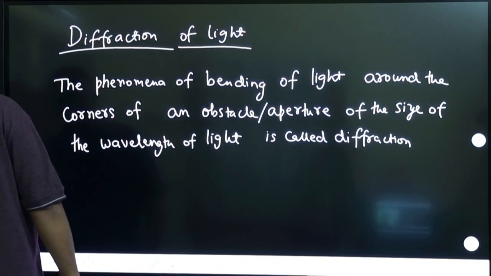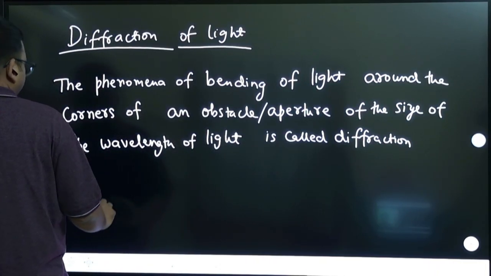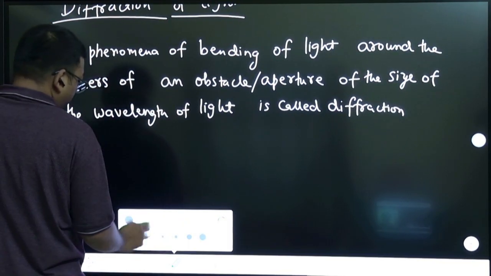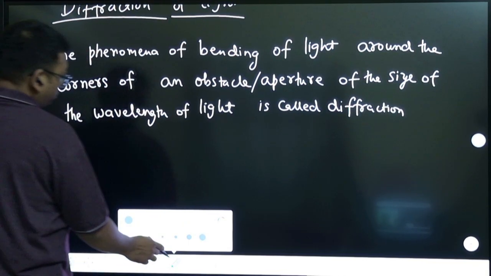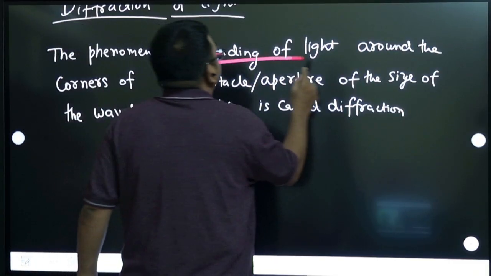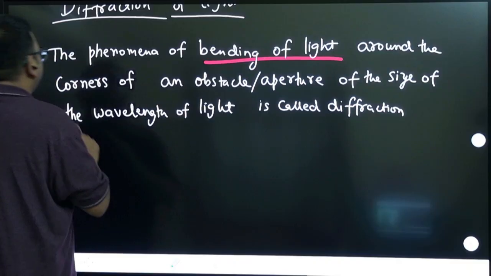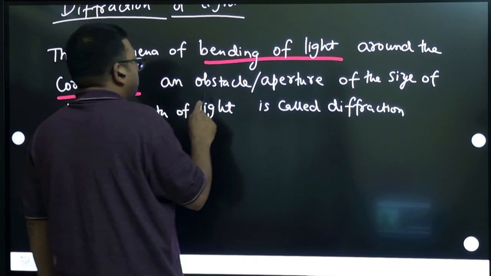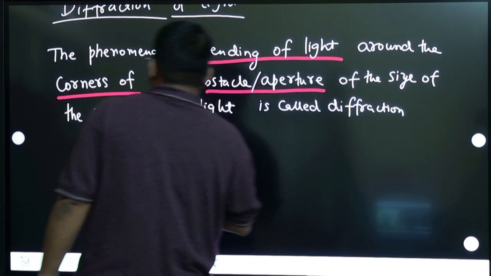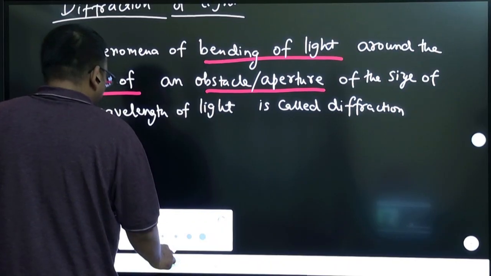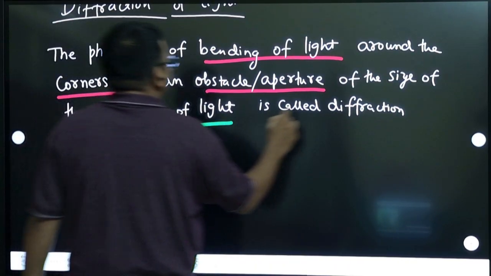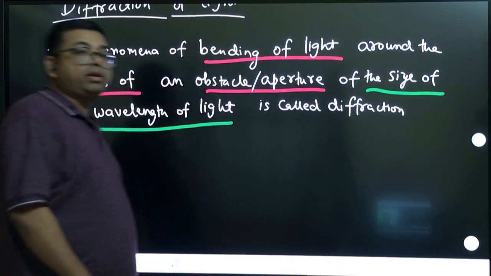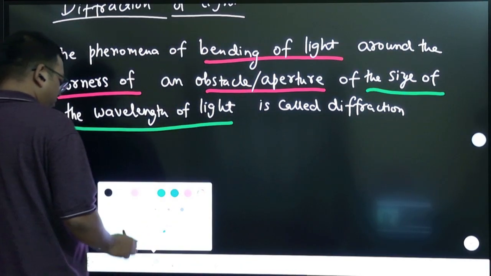So technically you can explain this with this definition. What is diffraction? It is the bending of light around the corners of an obstacle or aperture of the size, and this condition is important: the size of the object is nearly equal to the wavelength of the light. Let's take an example.